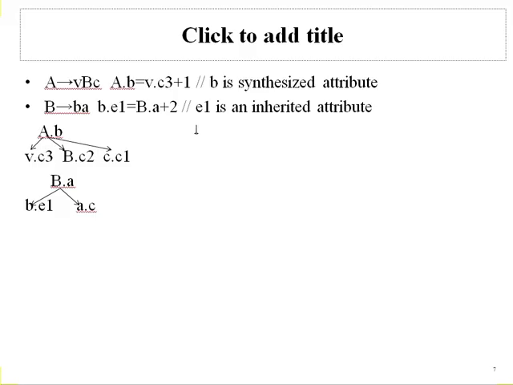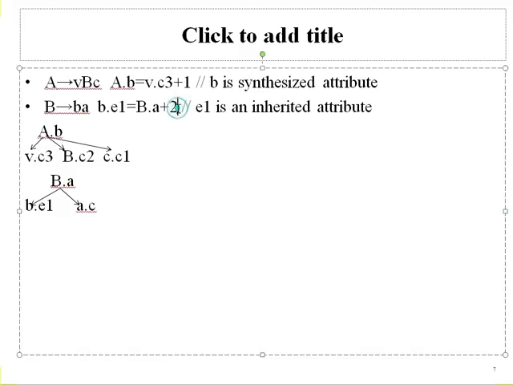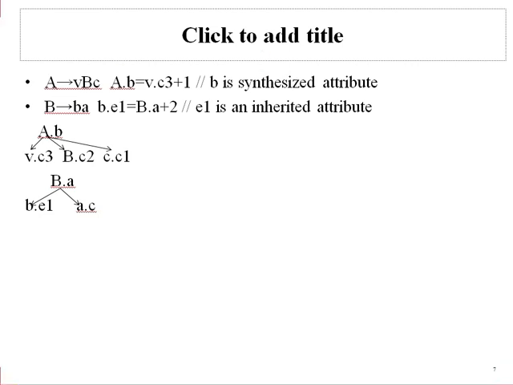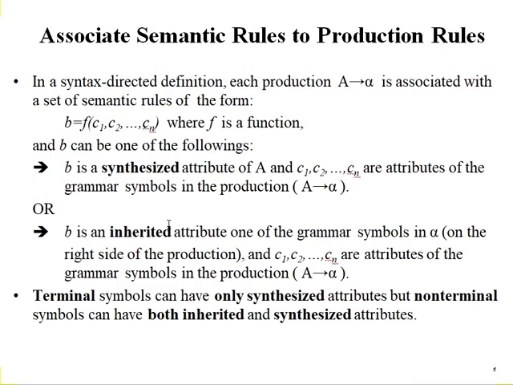So we can have such semantic rule associated with the grammar production rule. So here, an attribute in general can be synthesized attribute or inherited attribute.